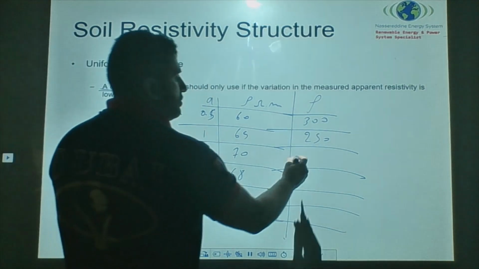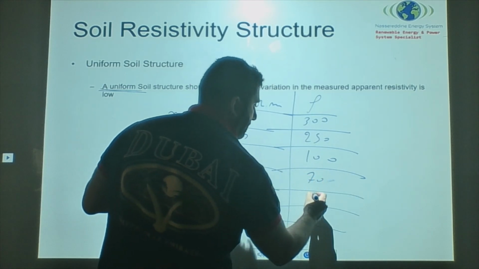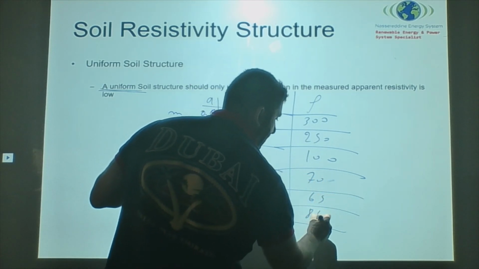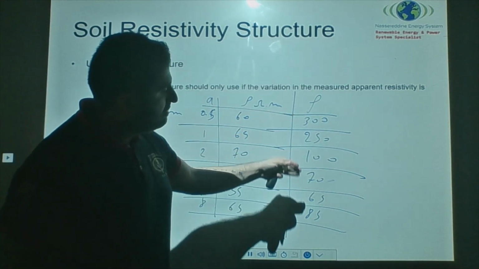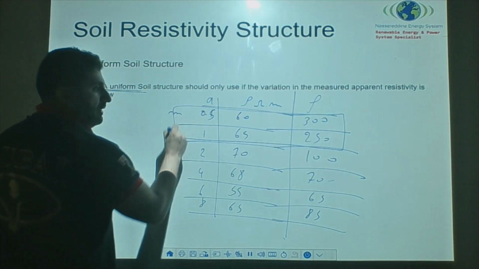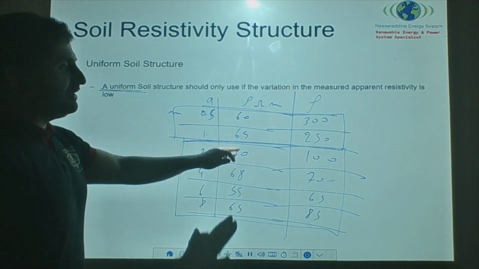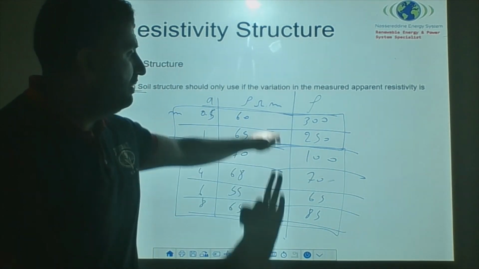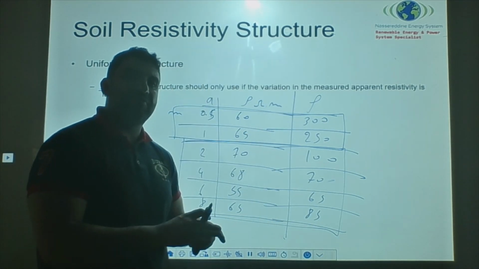Suddenly, when I go to this one, I have 100, 70, 65, 85. There's a big difference. Now, I can eliminate this if I want and focus on this one. Therefore, I can drive my earthing system on the lower module, but this will be done during our next video.